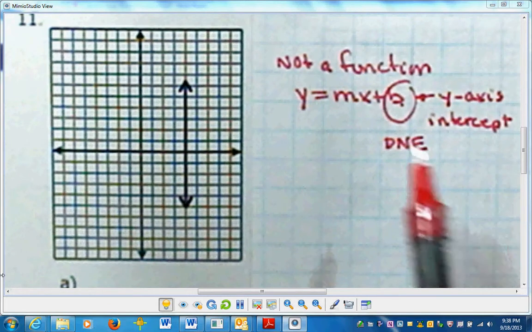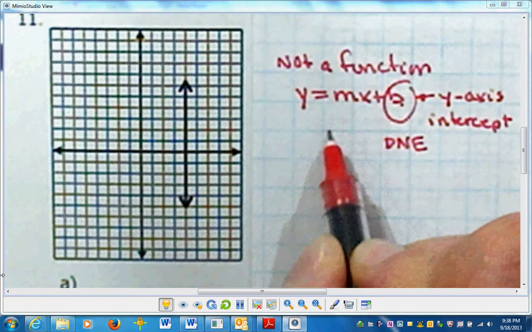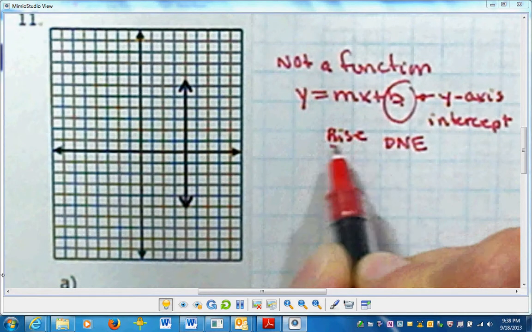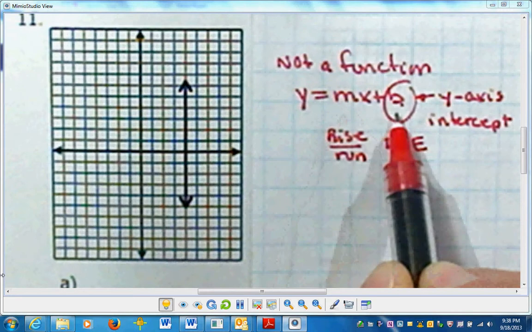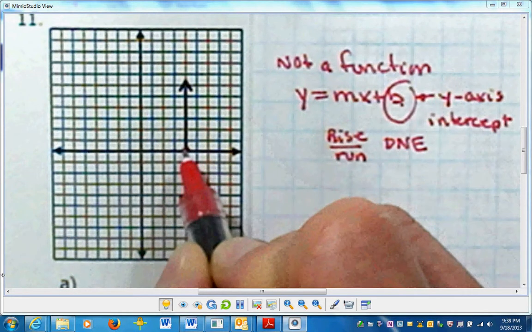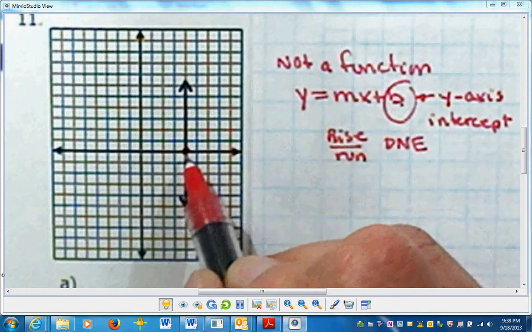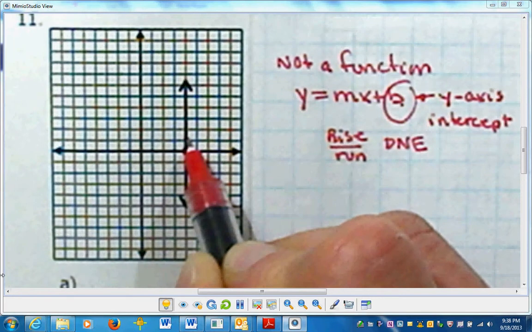So then we have no y-intercept. Let's look at our slope. Remember, our slope is rise over run. So I'm thinking up and over, up and over. Let's start from this point here. If I go from this point to this point, I jumped up one step.